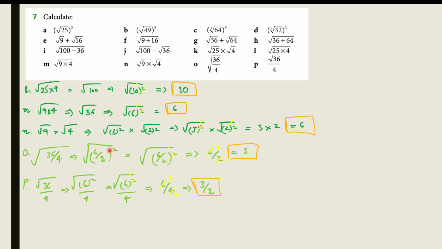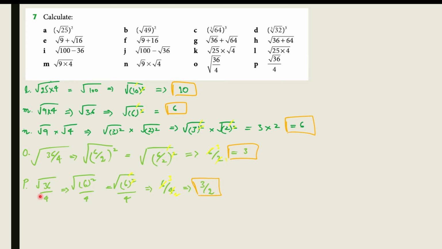So 6 over 2 is wholly squared. This whole fraction is squared, and then the square gets cancelled with the root. We are left with 6 over 2. If we further simplify it, 2 multiplied by 1 is equal to 2 and 2 multiplied by 3 is equal to 6. So the final answer we have is 3.